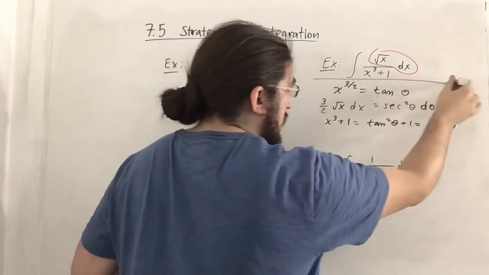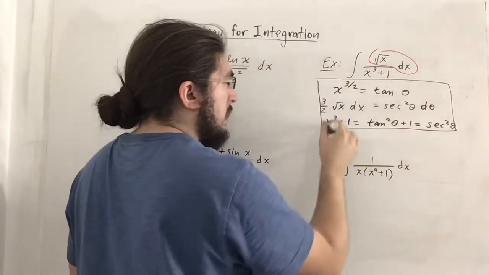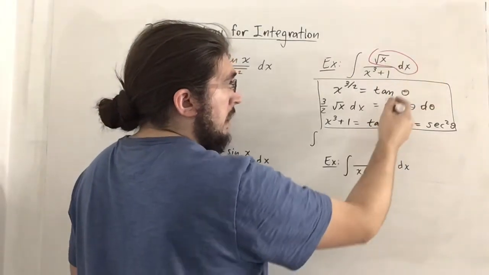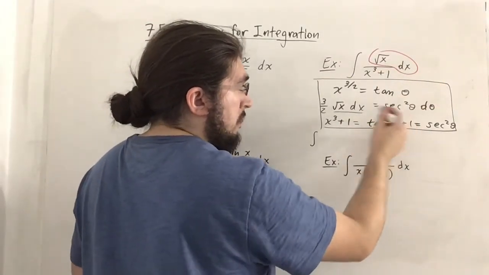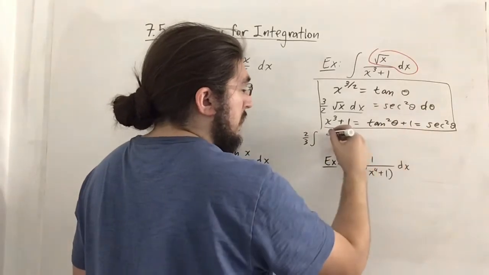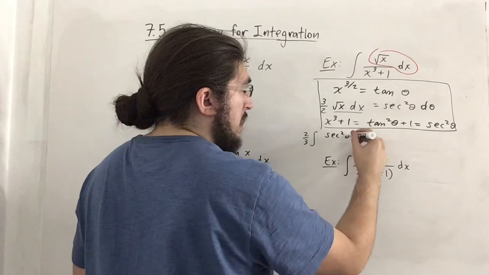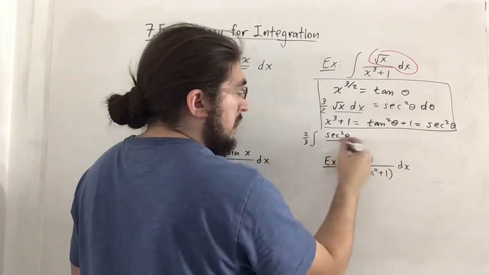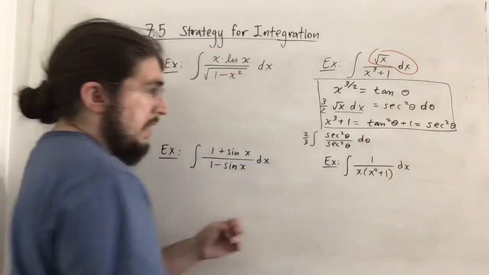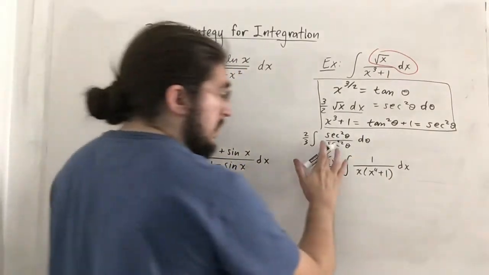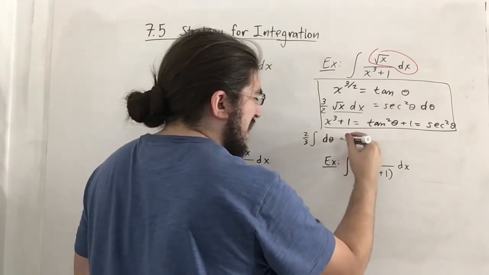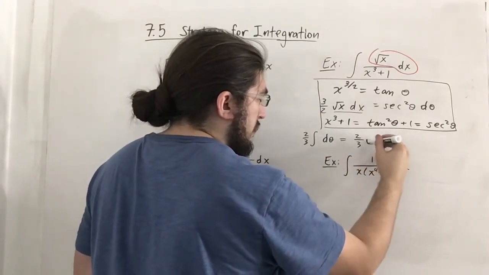So using this substitution, maybe we can squeeze it in here. We get the integral of radical x dx is equal to the reciprocal of this, so I'll pull the 2/3 out, times secant squared theta d theta. The denominator, coincidentally, is also secant squared. So those, notice, cancel out. So we just get the integral of d theta, which is just theta plus c.